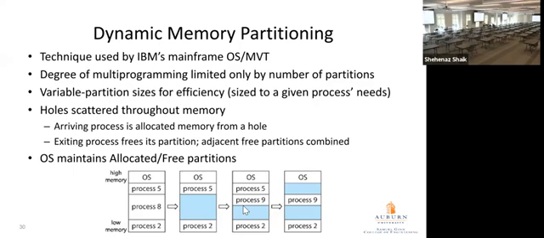Okay, and if we have two adjacent holes, then they can be coalesced and form a single hole, so that any request for a larger memory partition can be served for any future arriving process using that larger hole.